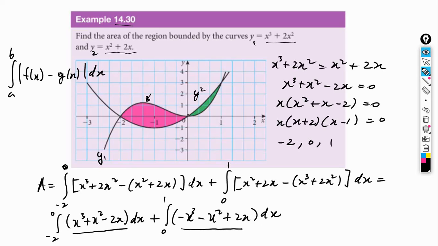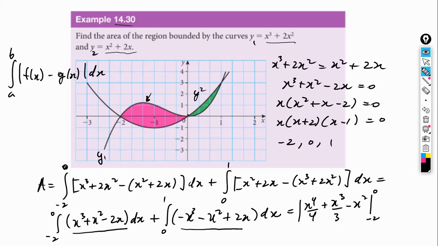Okay, so what's going to be the solution to this? So this is going to equal x to the 4 over 4 plus x cubed over 3. And then here we're going to get minus x squared. And this is from -2 to 0.